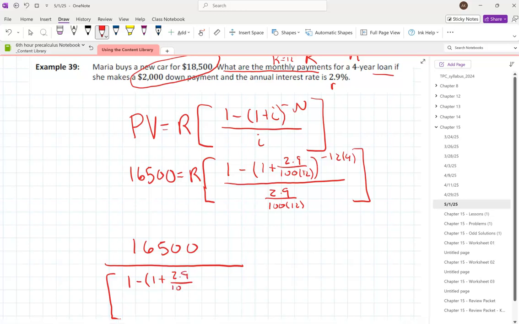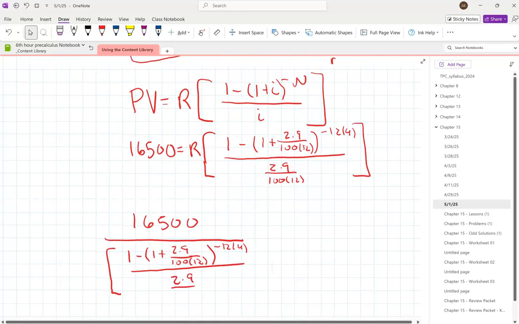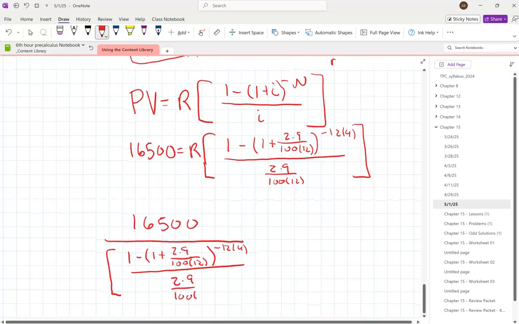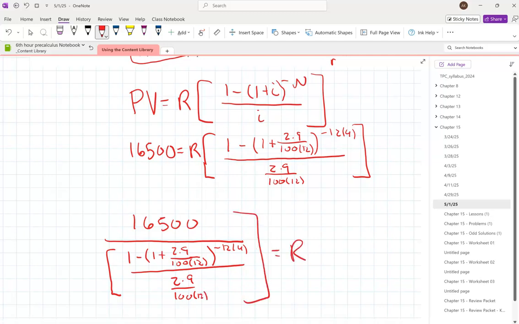But when I get down to do this in my calculator, I'm going to do this in like 3 stages. I'll show you in a second. But this is what we're calculating.